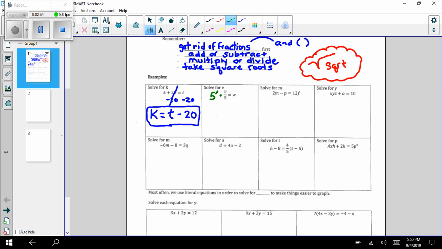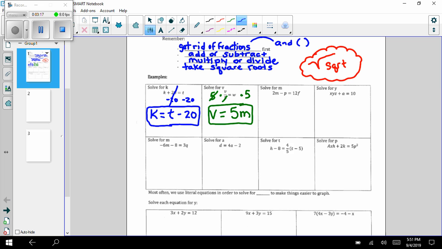That cancels it out. What I do to one side, I have to do to the other. I'm left with v all alone equals w times 5. It's best practice to put the number before the variable. And that says v equals 5 times w. V's all by itself, so I'm done.